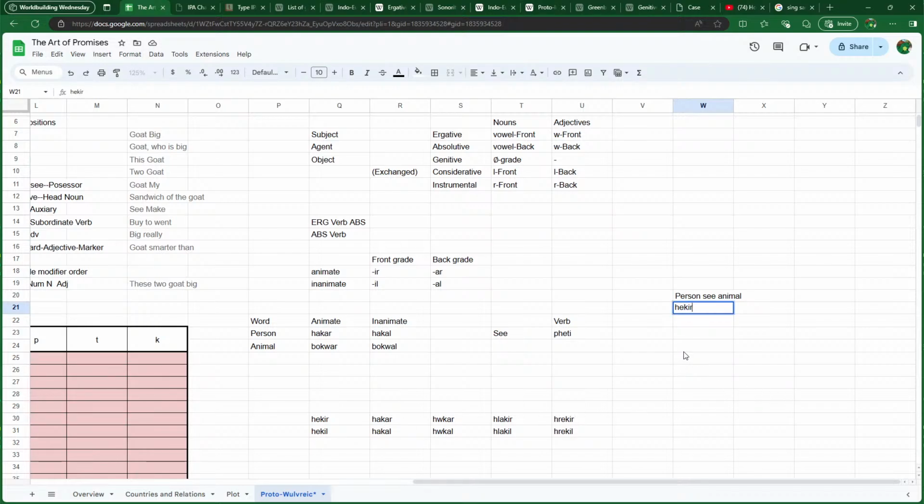So, hakir, C, that is petit, the animal, which is absolutive. So that is bokwar. Hakir petit bokwar.